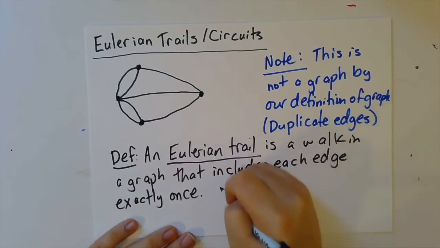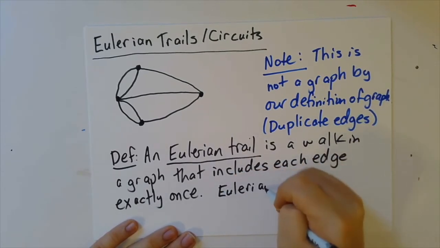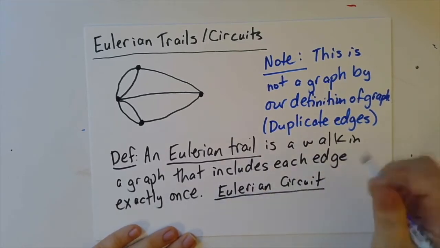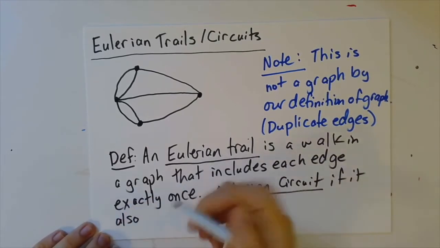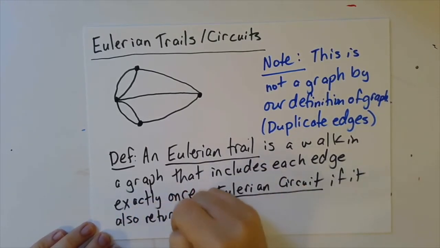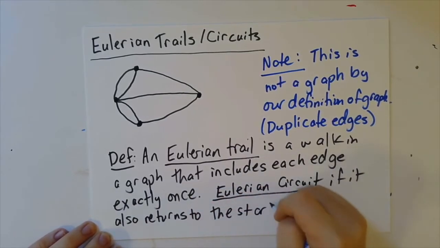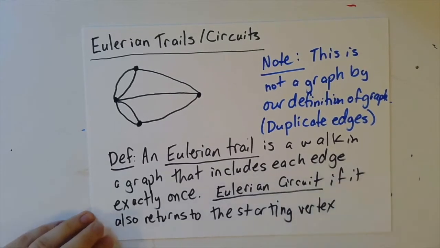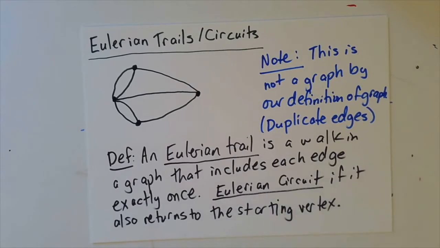It's an Eulerian circuit if it also returns to the vertex it started at. Okay.